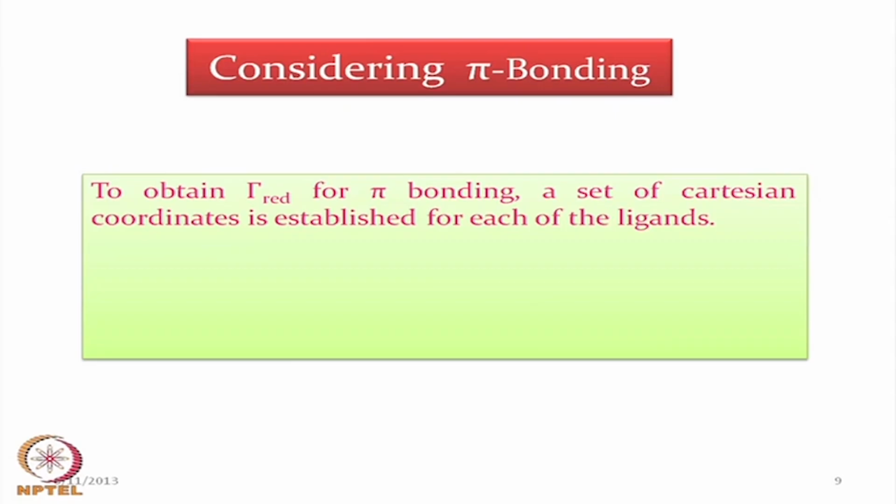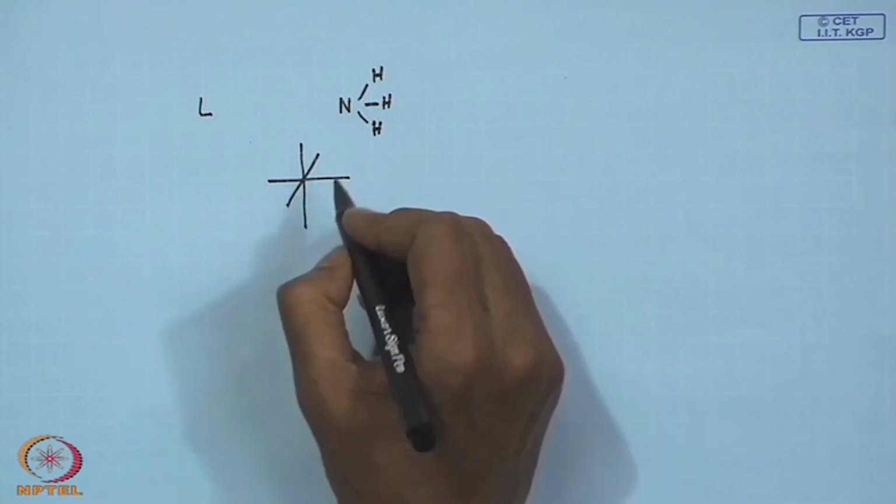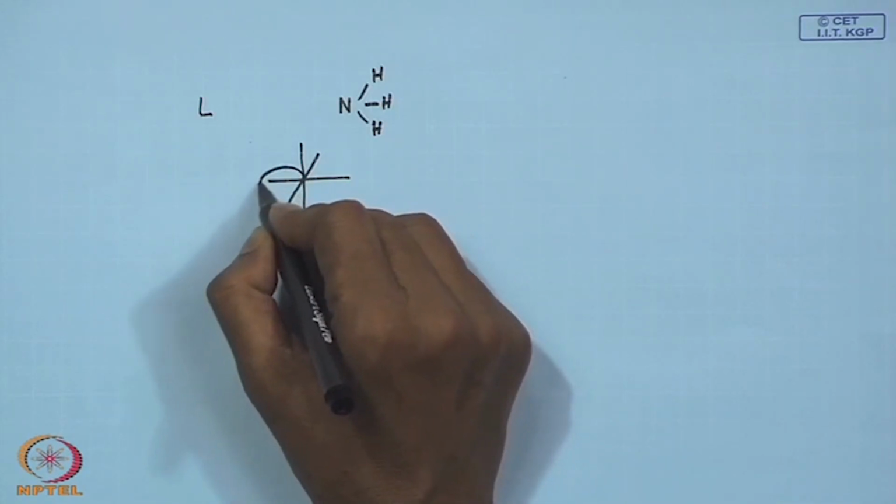So, whenever we have these corresponding pi bonding interactions, if we have the ligand, the ammonia molecule in our hand, we will find that from this ammonia molecule we will have 3 orbitals available: one is px, another is py and another is pz.